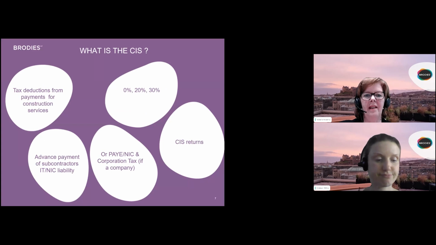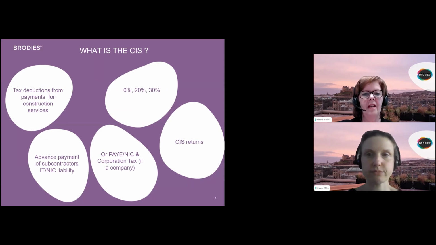Thanks, Kirstine. So what is the CIS? Well, as Kirstine's explained, it's basically a tax deduction scheme. It involves deducting tax in certain circumstances from payments for construction services. And there are different rates of tax that have to be deducted.